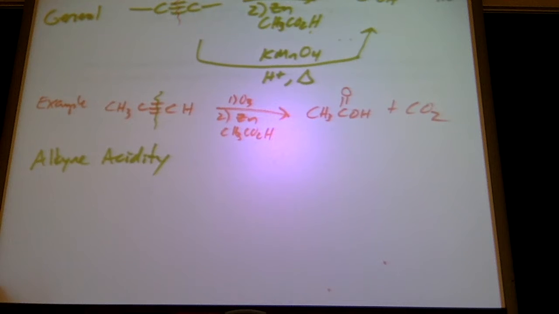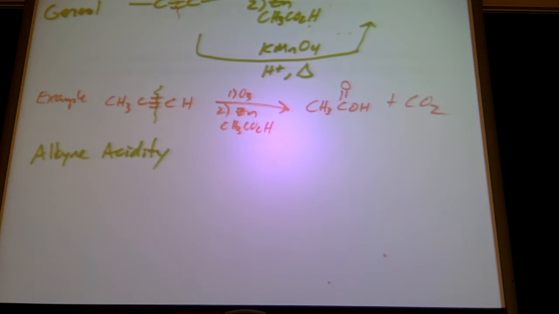The last reaction we're going to look at in this chapter, chapter 9, has to do with the hydrogens on the end of a terminal alkyne. The hydrogens on the end of an alkyne attached to a triple bond are weakly acidic, so they can be removed with a strong base. This only applies to alkynes.